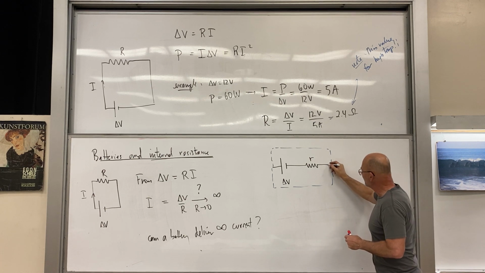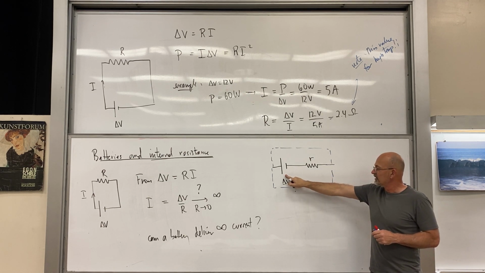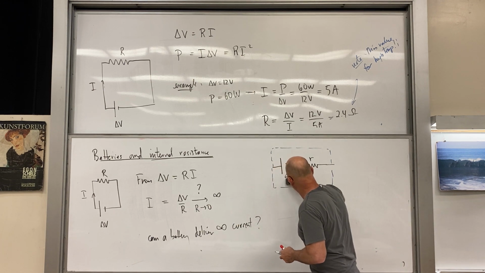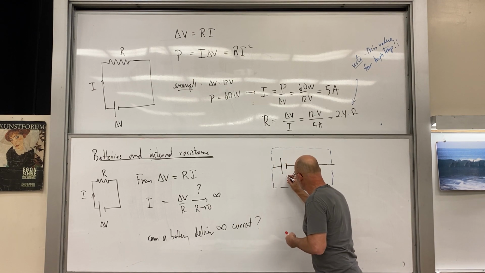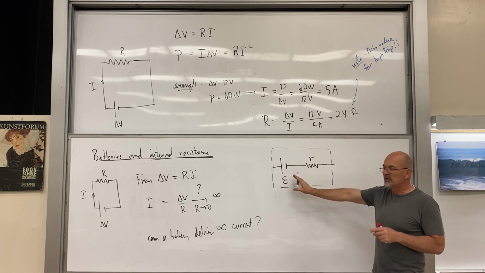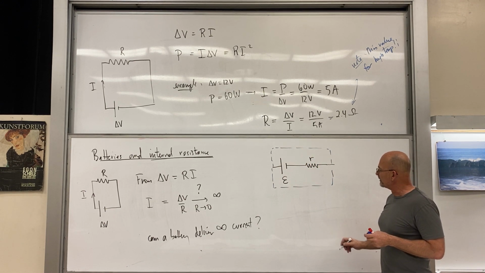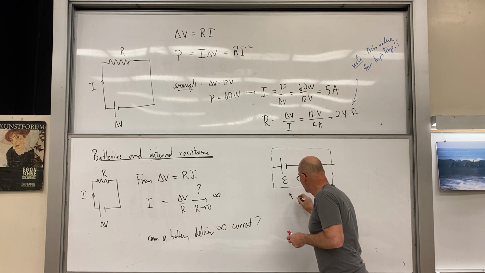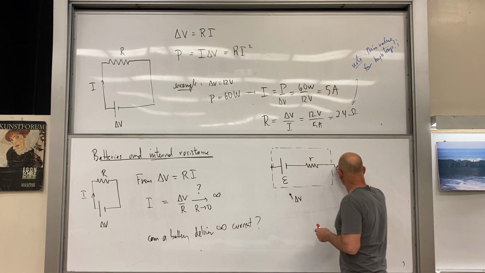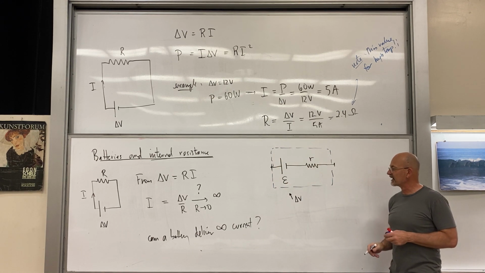You can't have this. In fact, we're already going to give it a new name. It gets the uppercase epsilon, it's called the electromotive force. We'll see why later. And the delta V is actually what we measure across the ends of the battery. Okay.